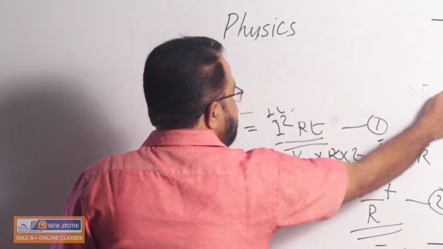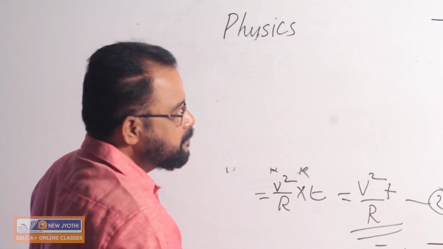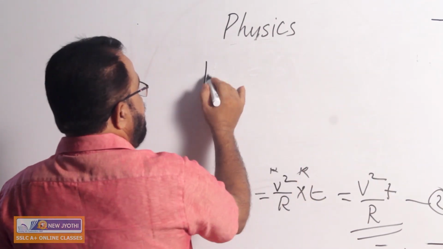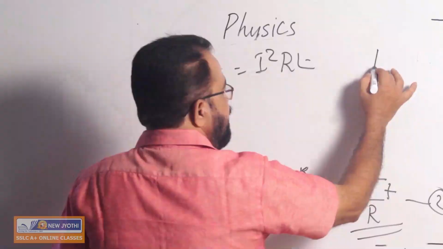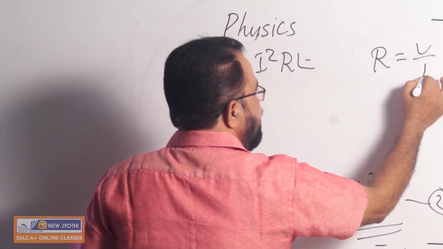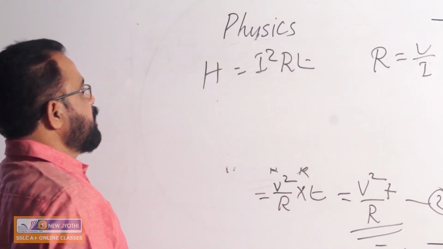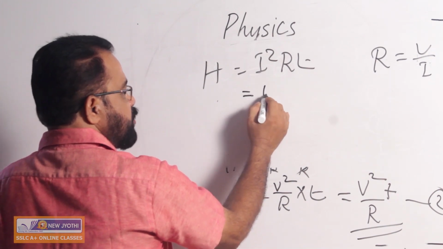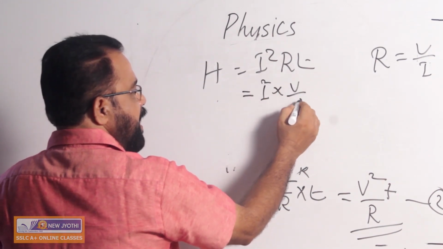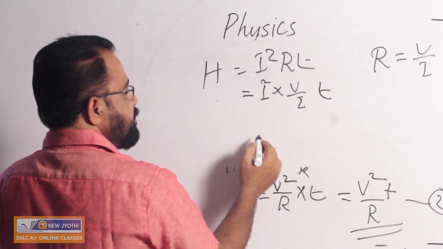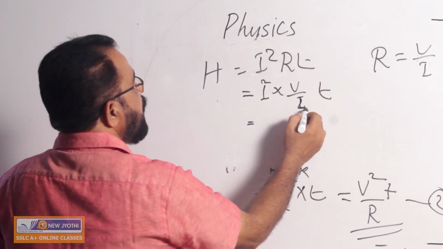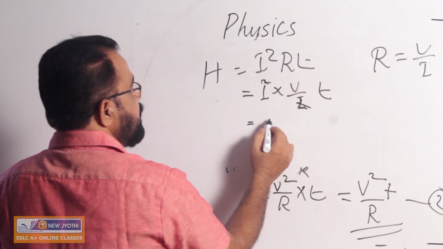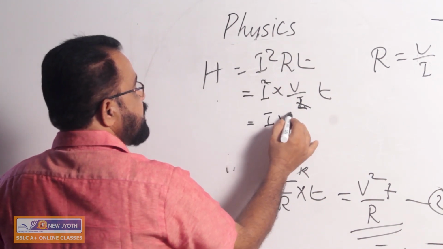Again, we have studied that H is equal to I squared RT. We can substitute the value of R. R is equal to V by I. Here substituting the value, I square into V by I into T, which is equal to, I here cancel, that is I is there, V is there, T is there.